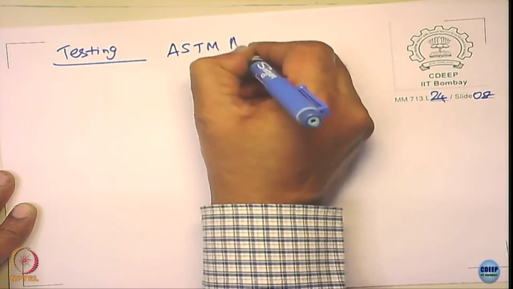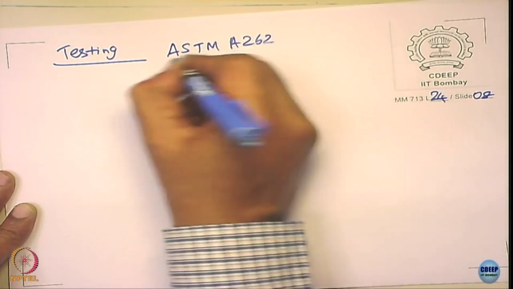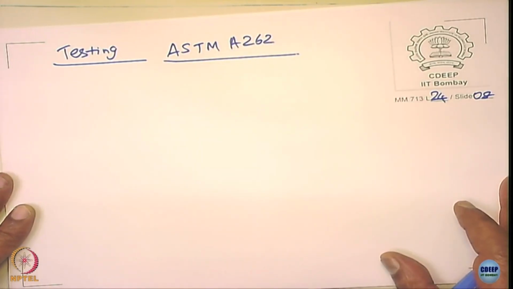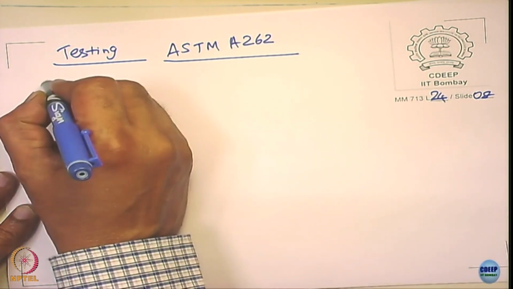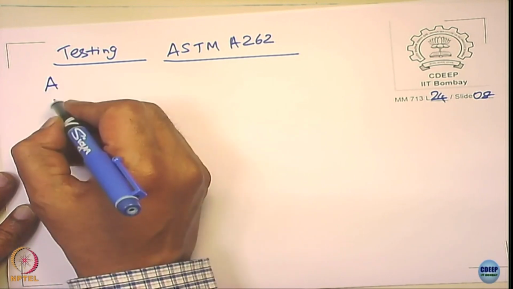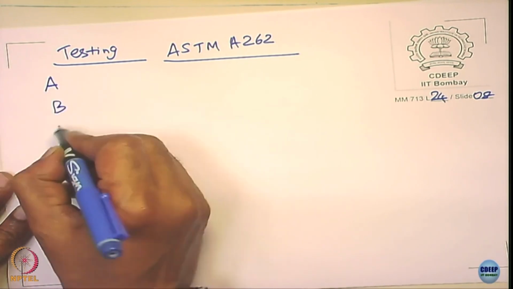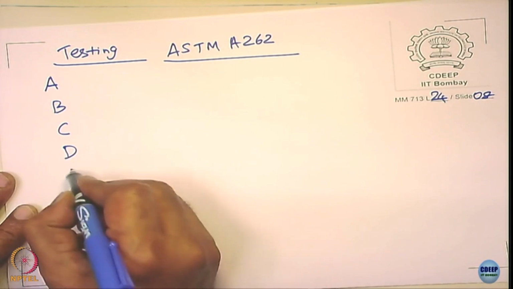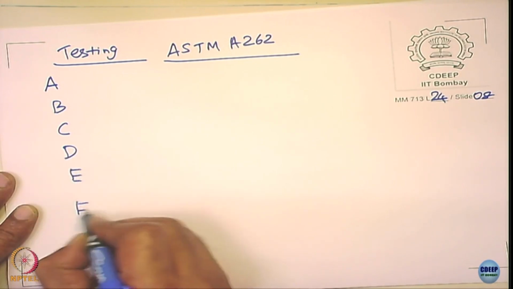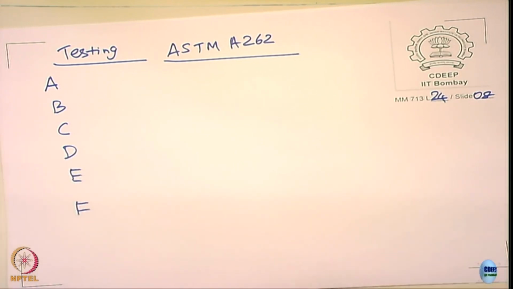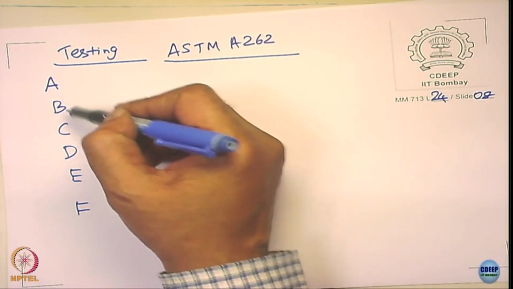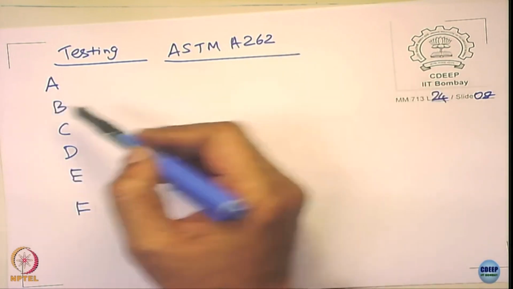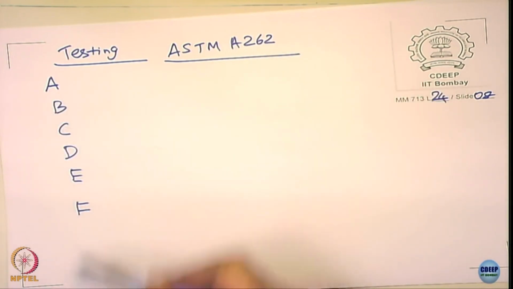ASTM A262 is a standard, and this standard has type A, B, C, D, E and F. So, we have type A, type B, ASTM A262A, ASTM A262B, they call it like that.